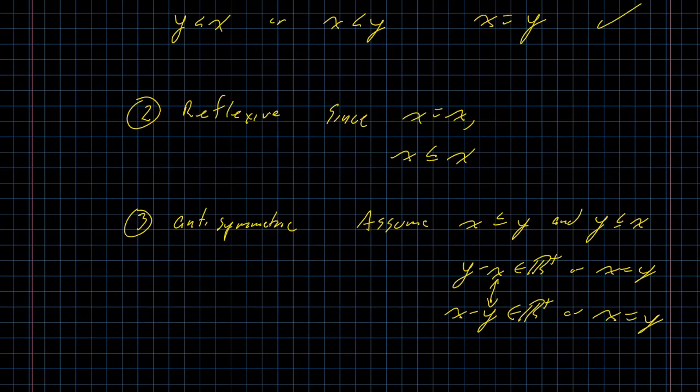These can't both be true at the same time. A number and its opposite cannot both be positive numbers. That's part of the definition of positive numbers.